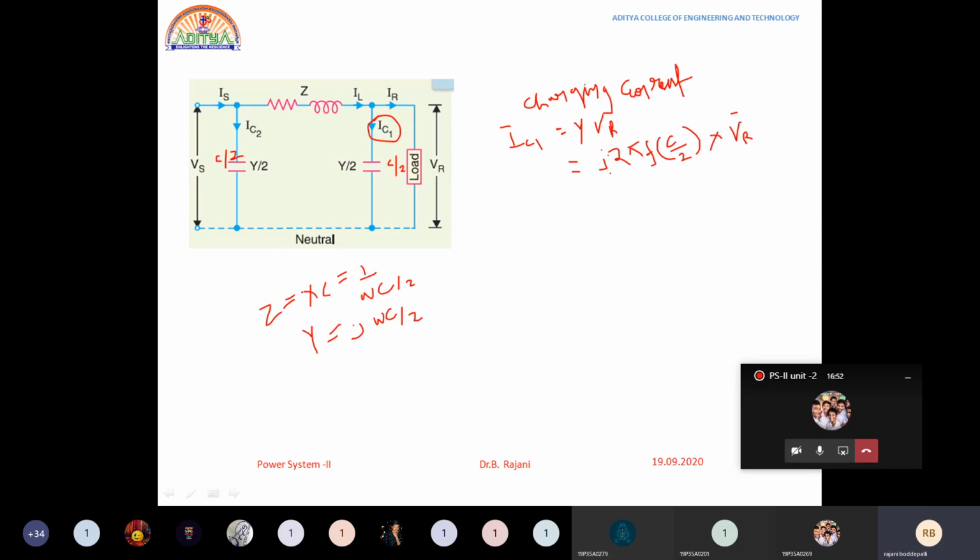Omega is nothing but 2 pi f, so we write j into 2 pi f into C by 2. The 2 gets cancelled and you will be remaining with j pi f C. This will come in the case of simplification. Don't worry, if you don't cancel 2 by 2 also, it doesn't make any problem.